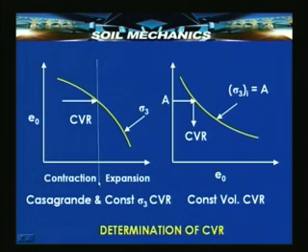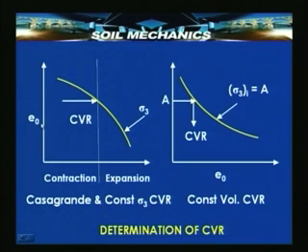Then this line also shows that there is no volume change, neither contraction nor expansion, if the void ratio is such that it falls on this line and on the curve shown here.